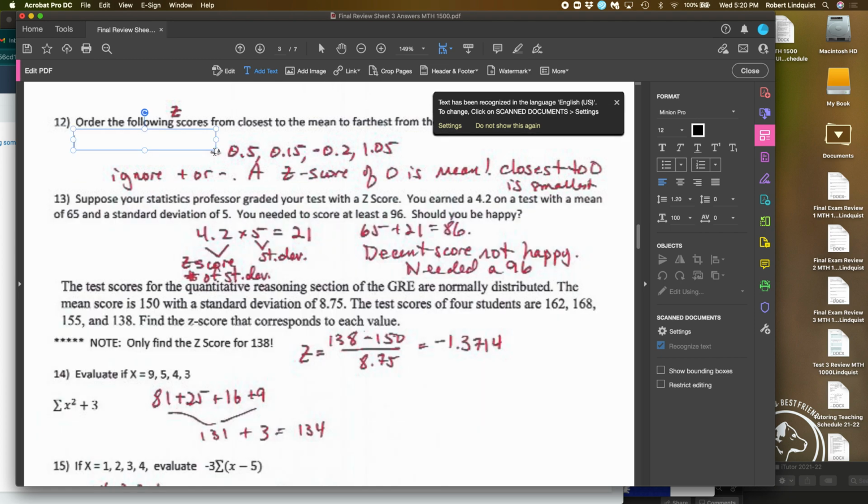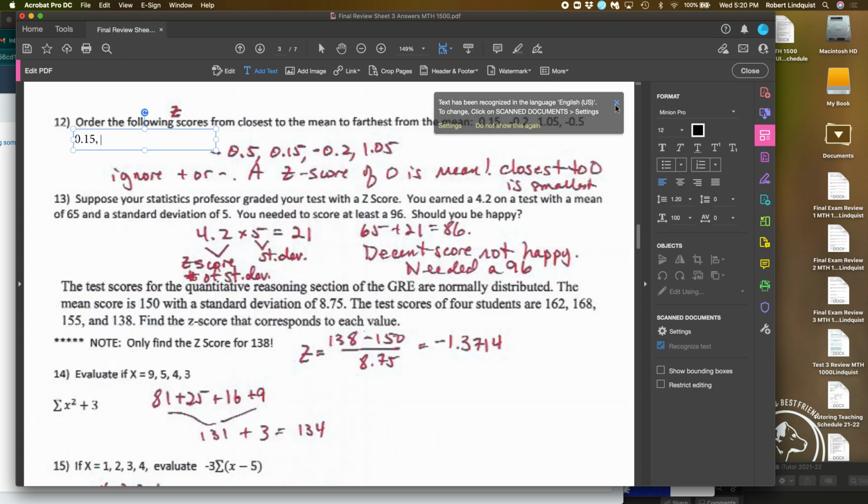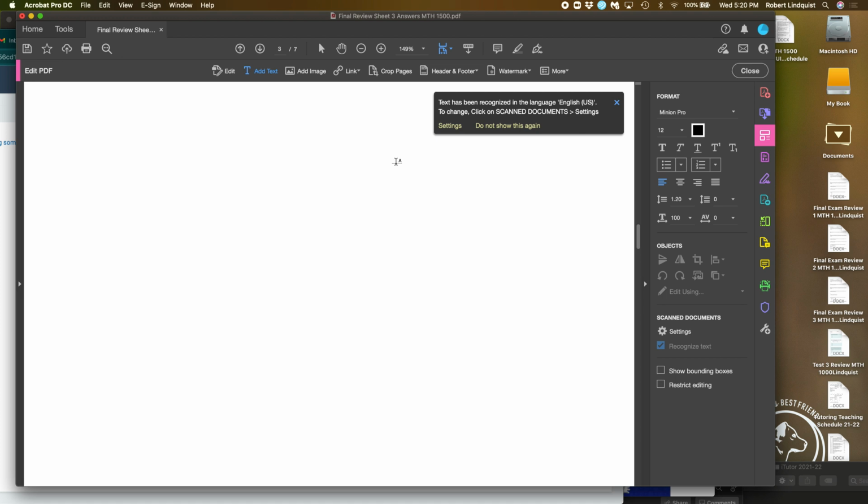The smallest one here is 0.15. That's the closest one to 0. Okay. Next up. Come on. This is because it doesn't recognize my handwriting.